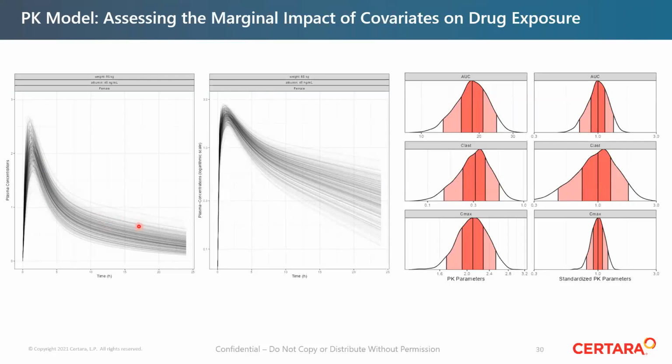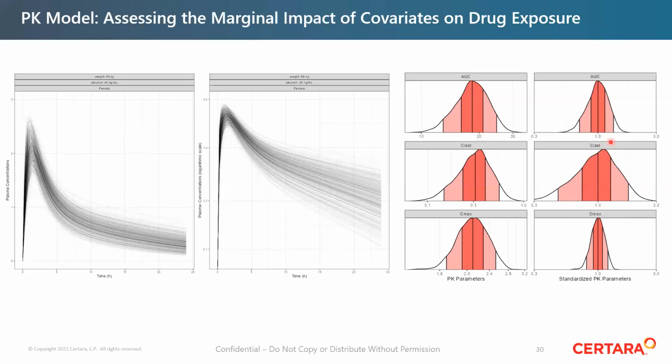And then I have a profile at reference. Here I didn't vary anything: weight, albumin, and sex are all at reference. It's only the BSV that I'm illustrating. So once I have this super rich profile, I can compute AUC, Cmax, or any statistic I want, and then I standardize.